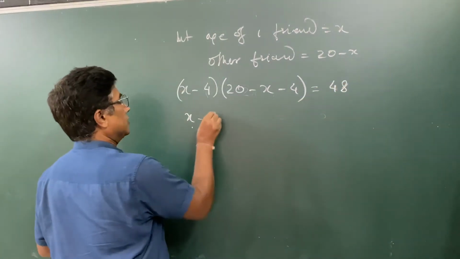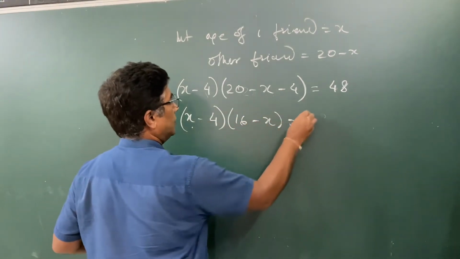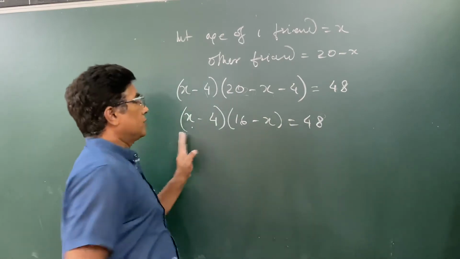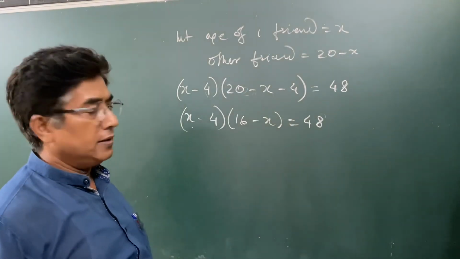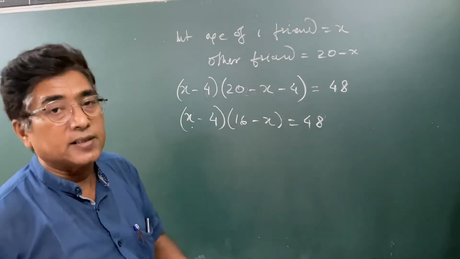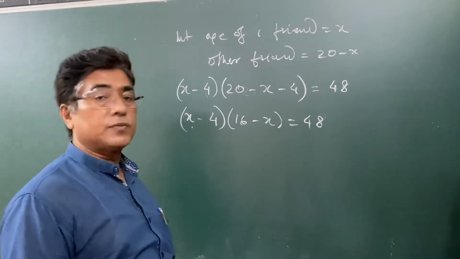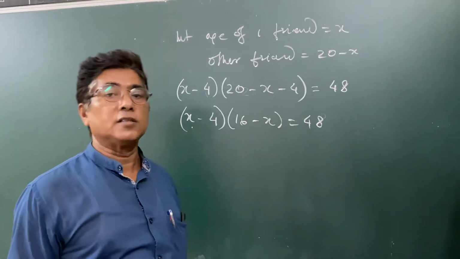So x minus 4 times 16 minus x is equal to 48. Then you simplify, you get a quadratic equation. Now if you find the discriminant, b square minus 4ac, and it is negative, then you say this type of situation is not possible. If it is positive, yes, it is possible.